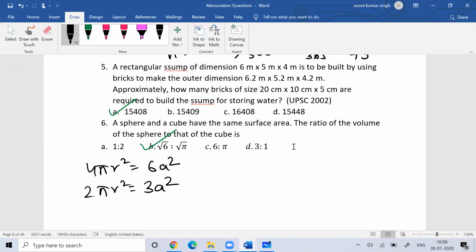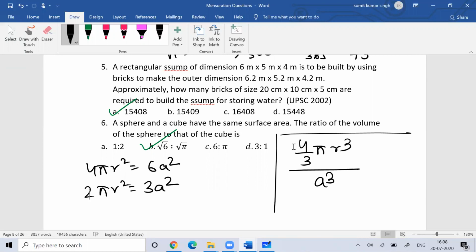What is the ratio of volume of sphere to the cube? They ask me the ratio of volume: 4 by 3 pi r cube divided by the volume of the cube, which is a cube. So you need 4 pi r cube by 3 a cube. You need to find this.